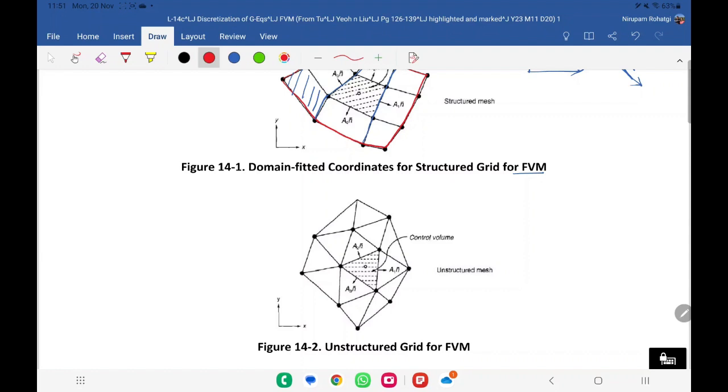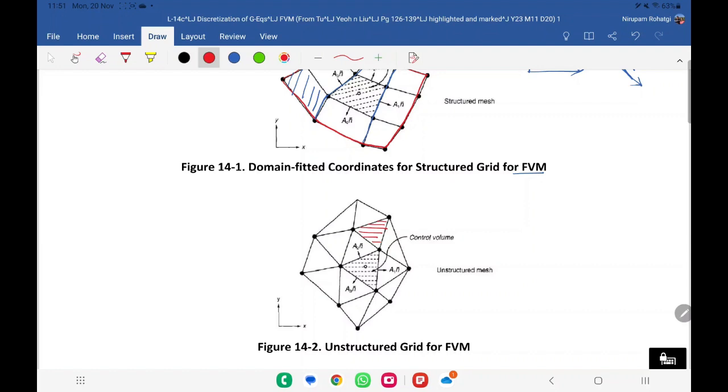You have put points as per your wish, and now no points are related to each other, but you still have volumes here. You can pick up each volume and fill it up with the equation. But here if you want to apply FDM, you cannot.